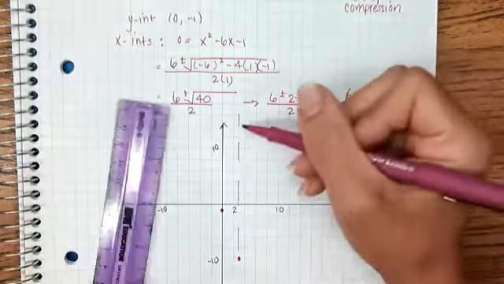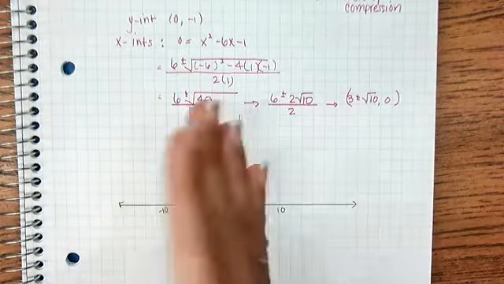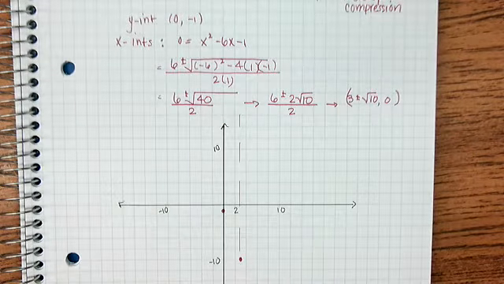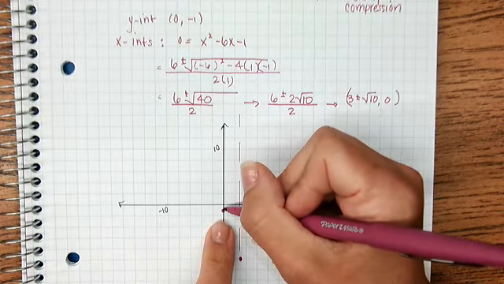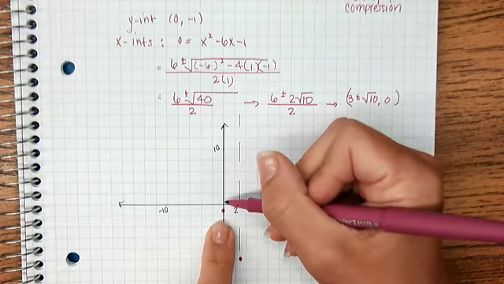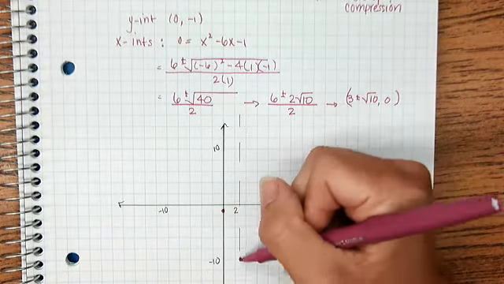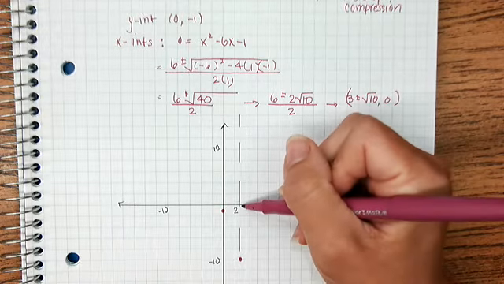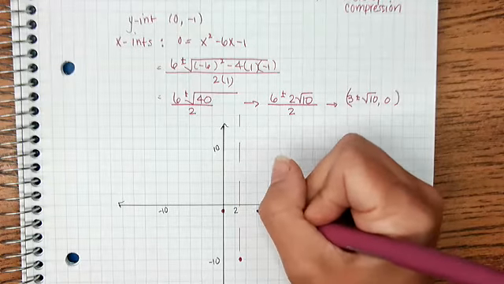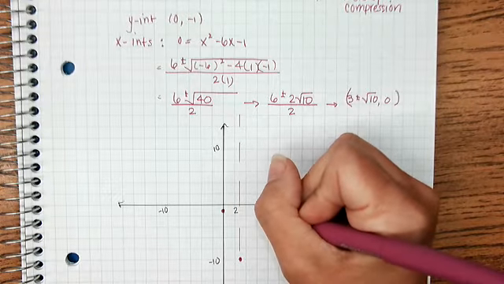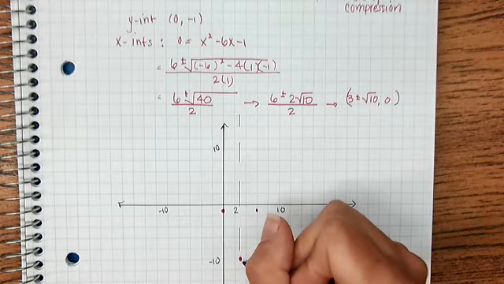Everything on a parabola is a reflection over this axis of symmetry. So if I know that the y-intercept is at (0, -1), that means my reflected point is at (6, -1). How did I get that?